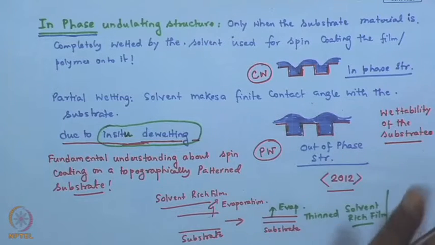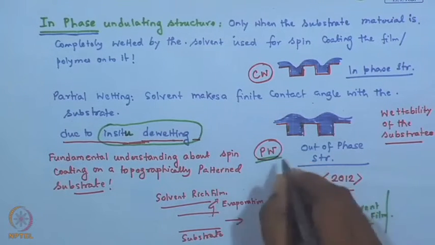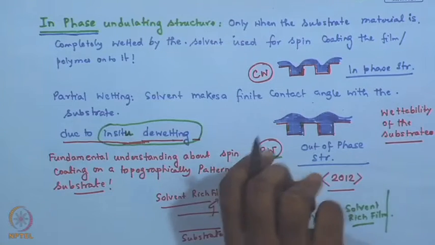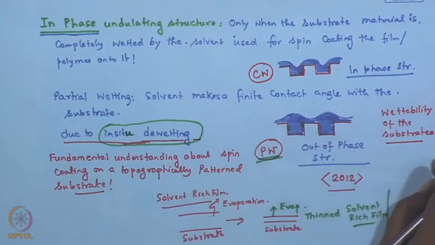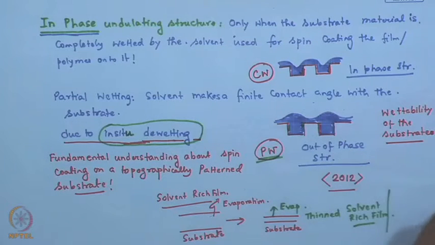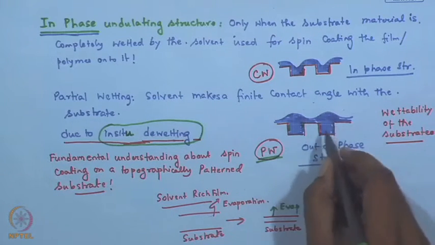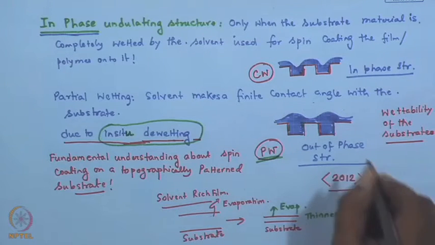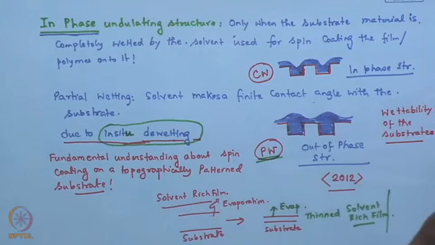But for the time being, we need to understand that if you have a partially wettable substrate, then by direct spin coating one gets a film surface which is undulating, but the undulations are out of phase with respect to the bottom substrate.